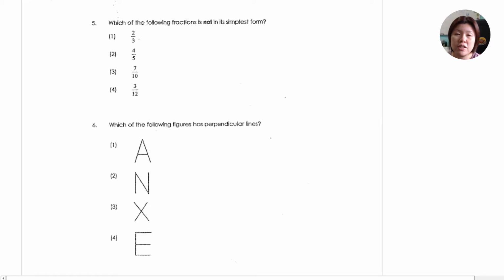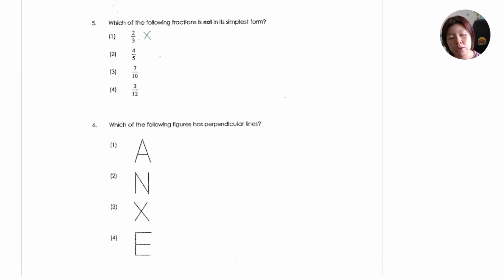Which of the following is not in the simplest form? Simplest form means you cannot divide at all. So you ask yourself, 2/3, I can't divide anymore because my 3 cannot be divided by 2. Only my 2 can be divided. Let's move on to 4/5.